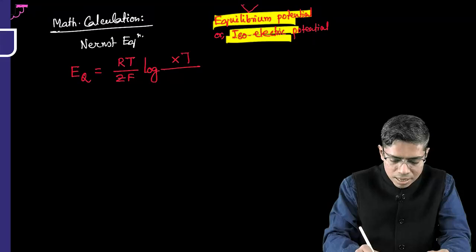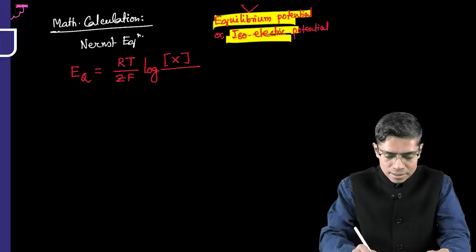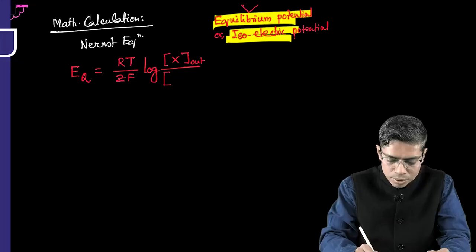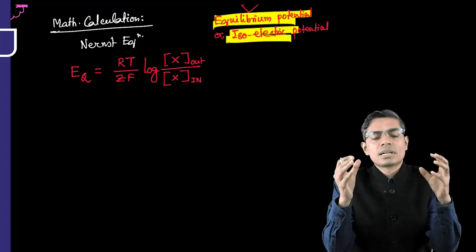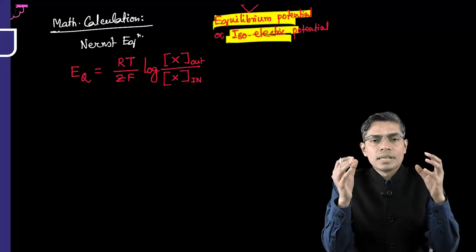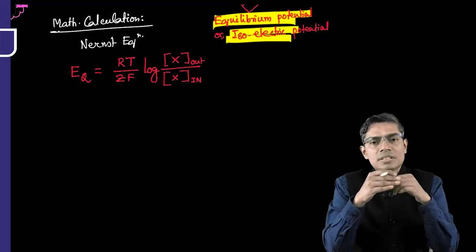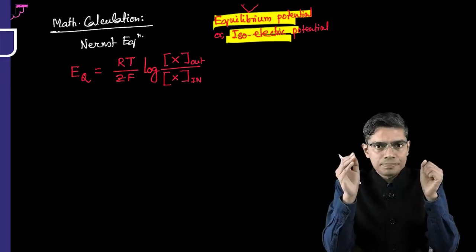Suppose I am considering ion X, I want to measure the equilibrium potential of ion X: concentration of the ion outside the cell upon concentration of the same ion inside the cell. If I know the concentration of the ion outside and inside the cell, and you put this concentration in this equation, you are going to get the equilibrium potential of the ion, right?